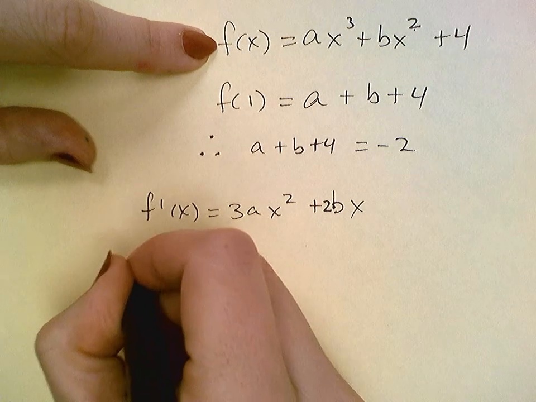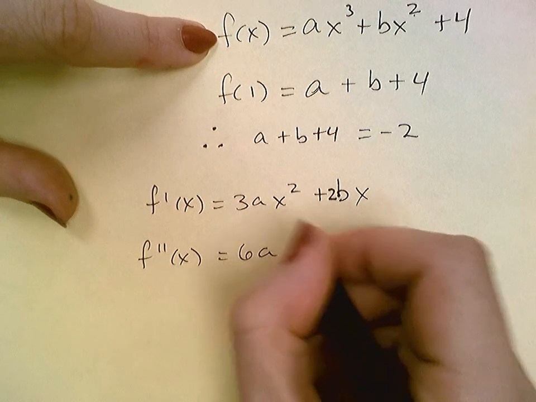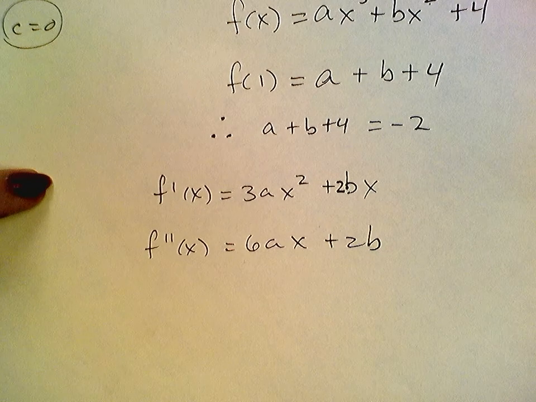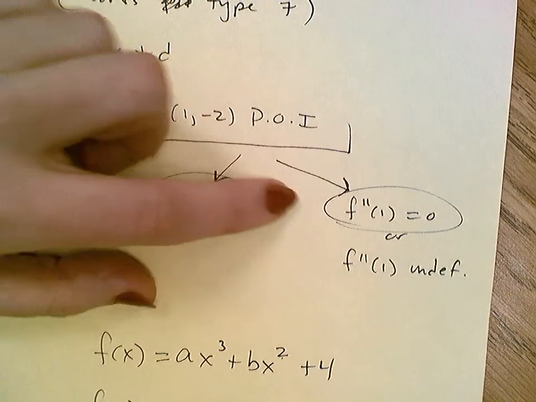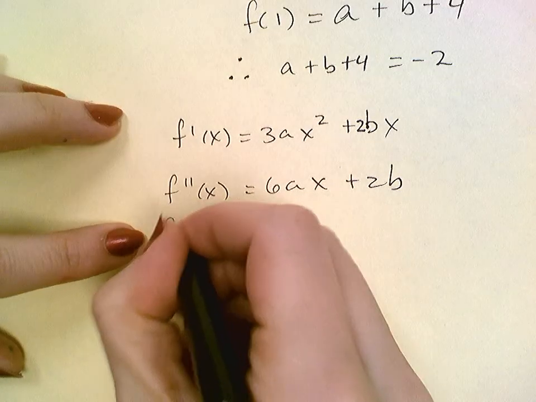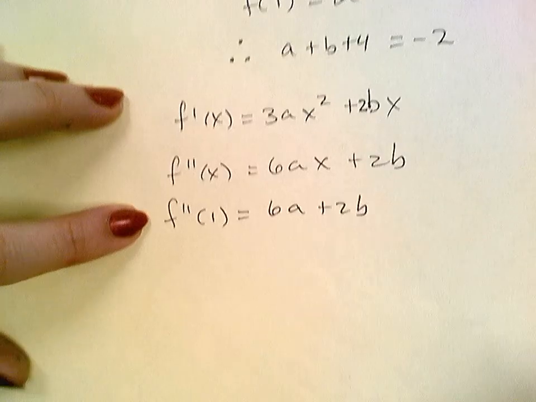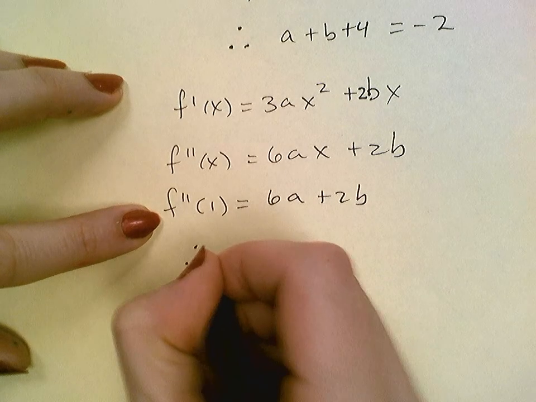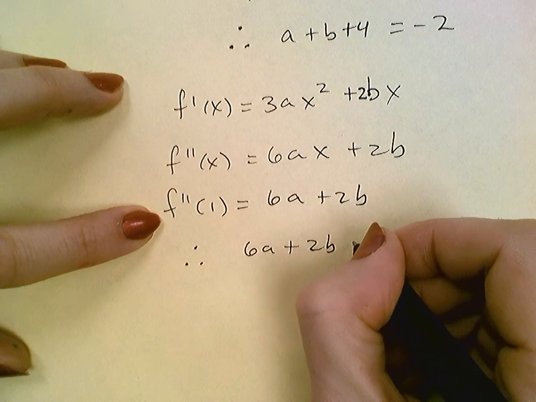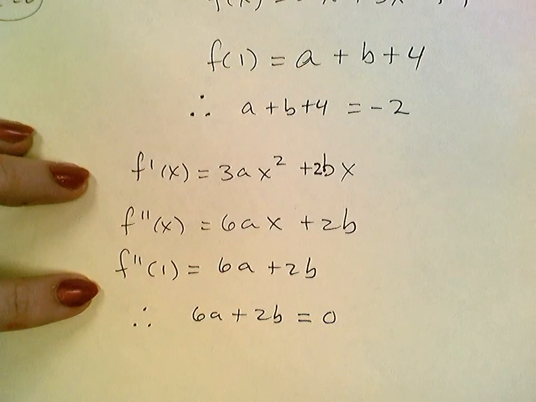First derivative. And now second derivative, 6ax plus 2b. All right? And I know that f double prime of 1 equals 0. So f double prime of 1 is 6a plus 2b. Therefore, 6a plus 2b equals 0. Okay, so here's your system of equations.